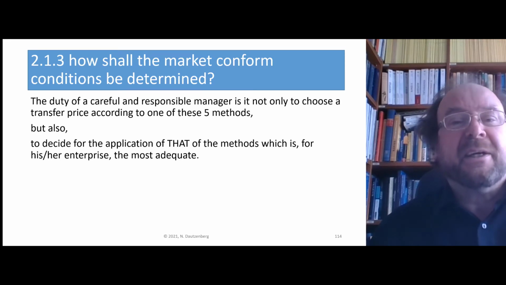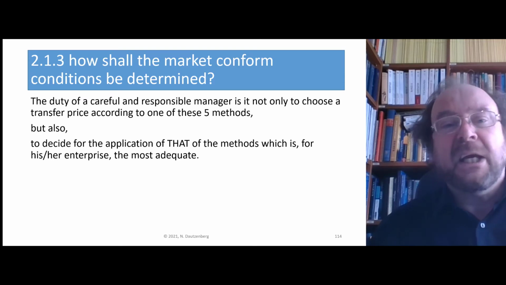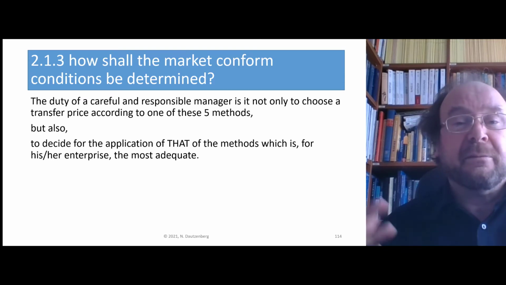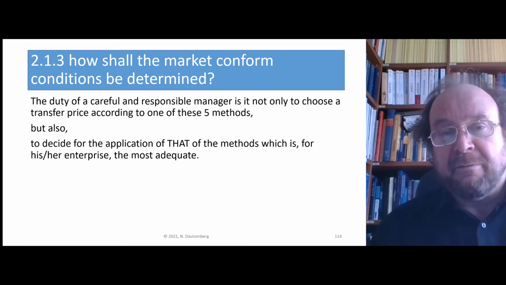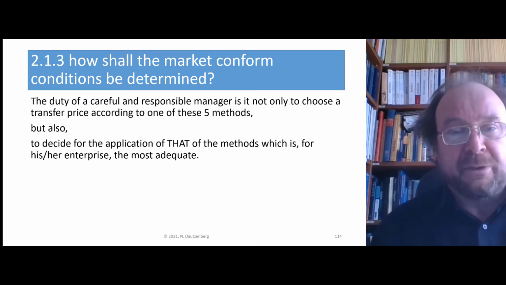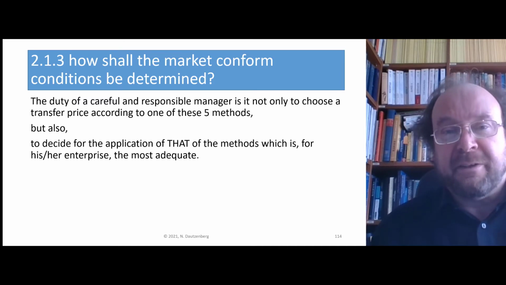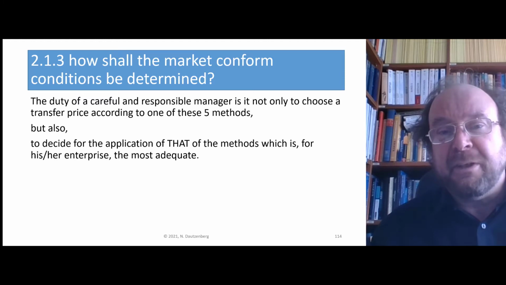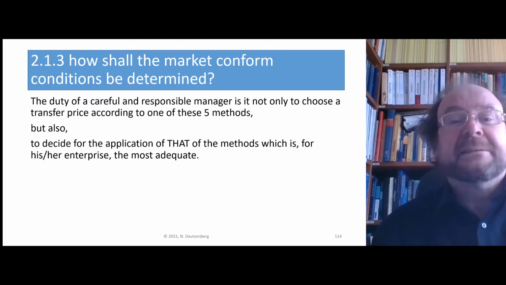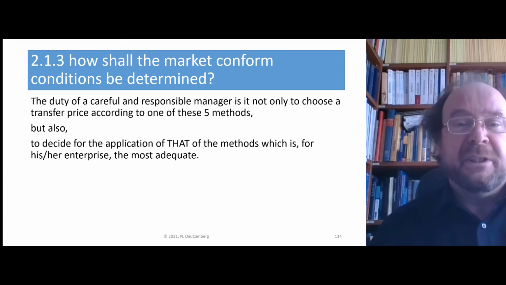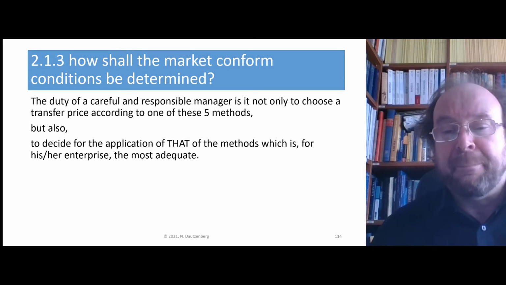So just to say, I do a cost plus calculation, and this is something which can be found in the world, so this is an economically viable behavior, so that is okay for me. That would be negligent. It would not be careful enough, because a good manager would always think about if another strategy and another price calculation method would not end up with a higher profit, and therefore be a more careful fulfillment of your duties to your shareholders.